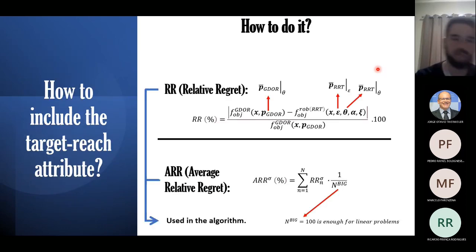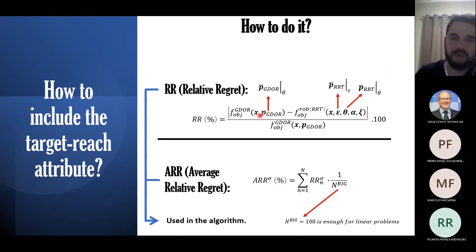And how to do it? How to include the target-rich attributes in our framework, in our algorithm? Actually, we have 2 other concepts. One of them is called the relative regret. So here, the relative regret is just a deviation, okay? It's just a deviation based on the target ideal, the ideal solution.